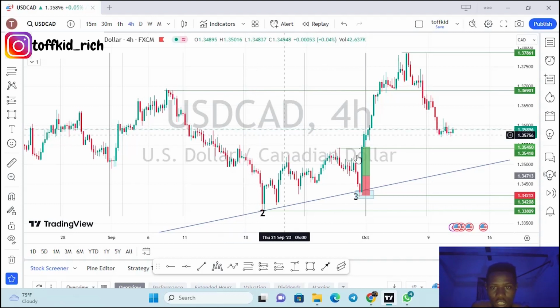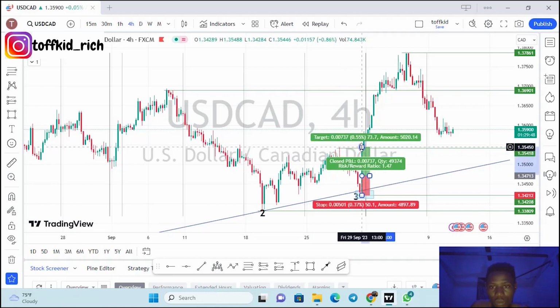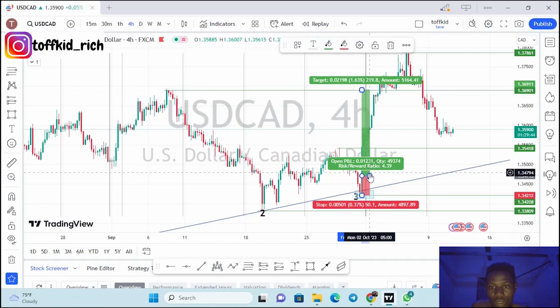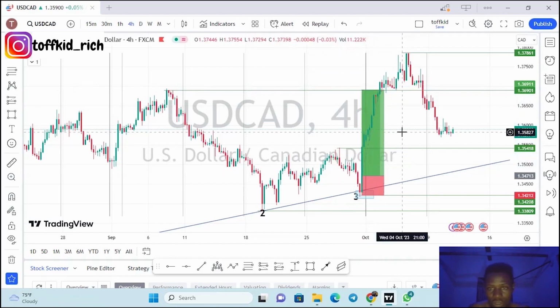Now you can see here I'm gonna be taking profit from this high structure on the 1 hour before price pushes all the way up to this point. So you can easily see how the trendline strategy also works.